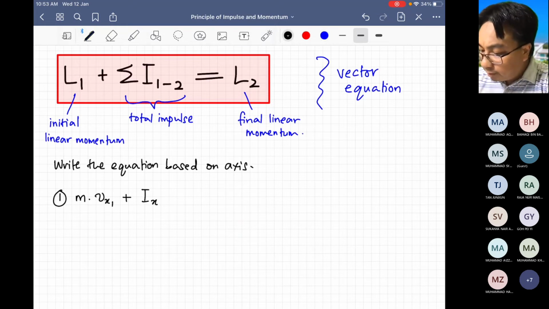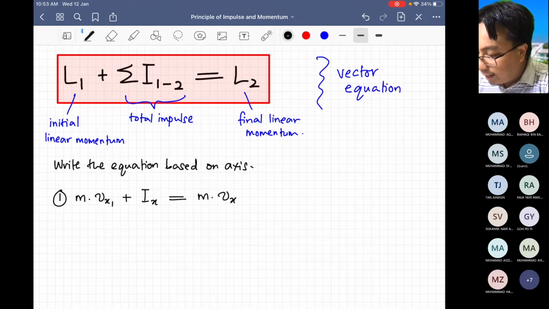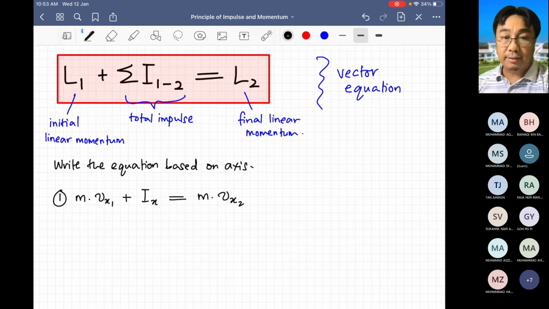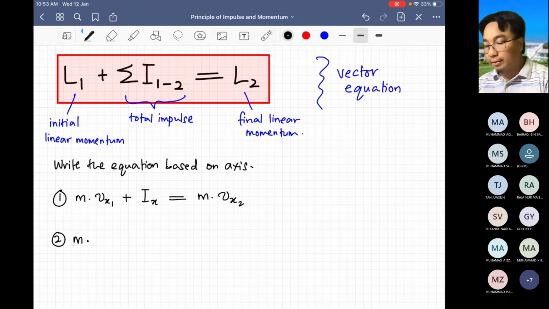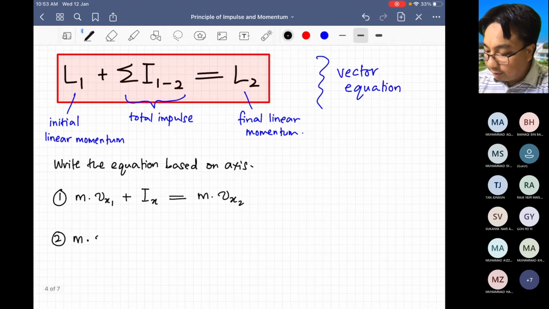Alright. Sama dengan m times vx2. Okay, m times vx2. So this will be our first equation. Equation yang kedua kita tulis dalam y-axis. So we have m, there is no direction for the mass. It's a scalar quantity, and the velocity is vy1.